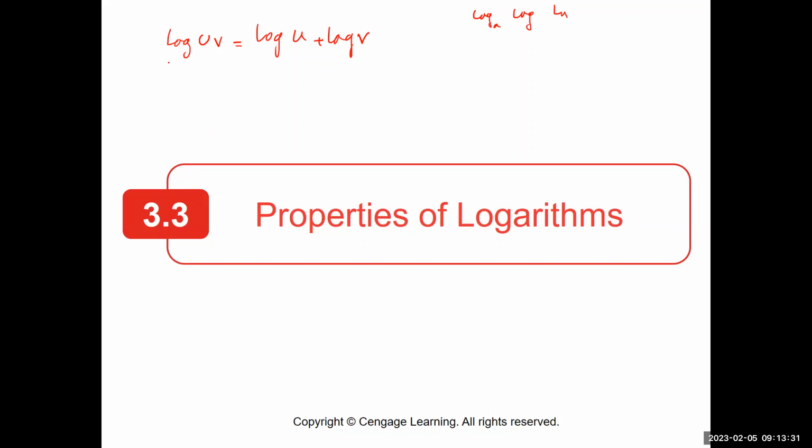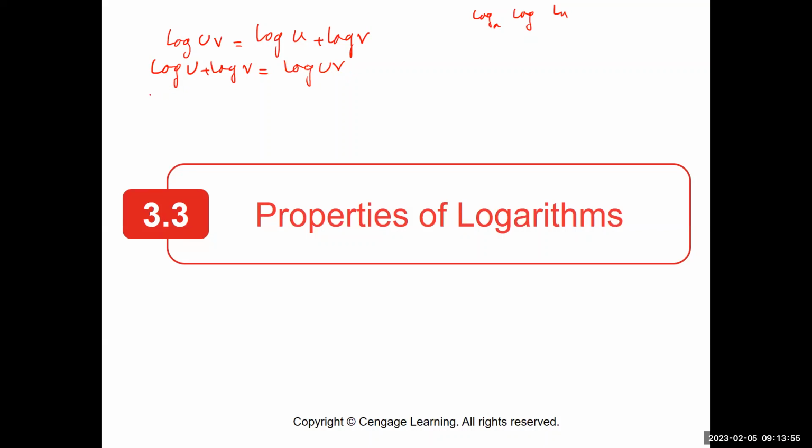This one can be read backward too. We're going to use it both ways, always with the equal sign. You can read it left to right or right to left. So log of u plus log of v equals log of uv. It doesn't matter what the variables are; u and v can be anything.